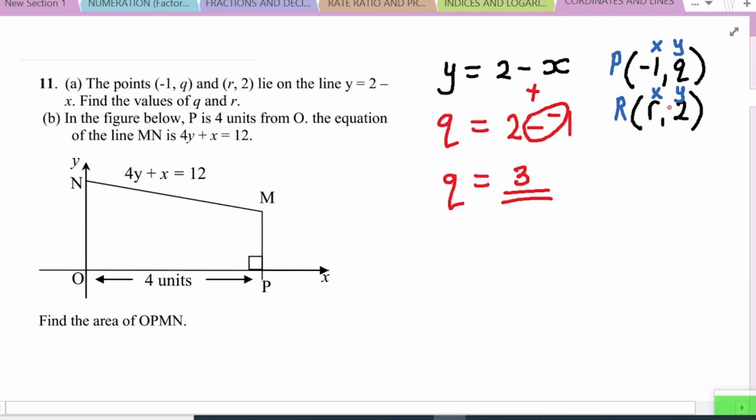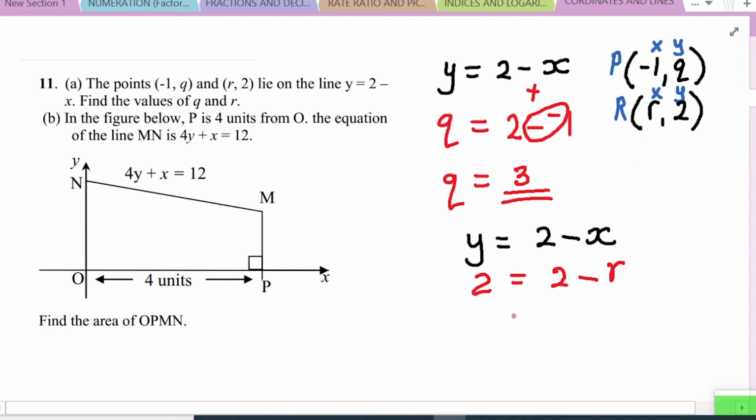Then what about in the second case when x is r? Again, we shall quote that very equation: y is equal to 2 minus x. So when y is 2, we're substituting: 2 is equal to 2 minus our value of x, which is r.